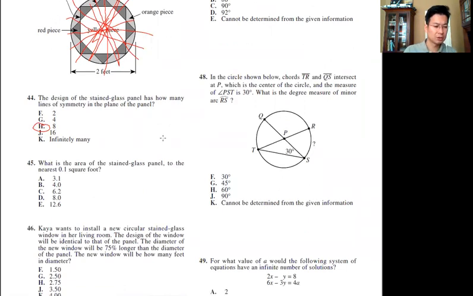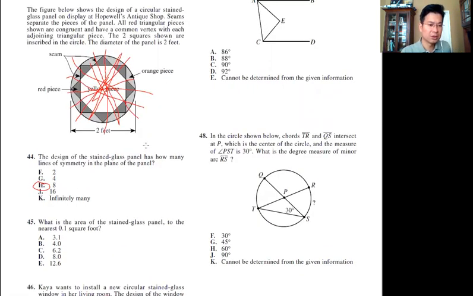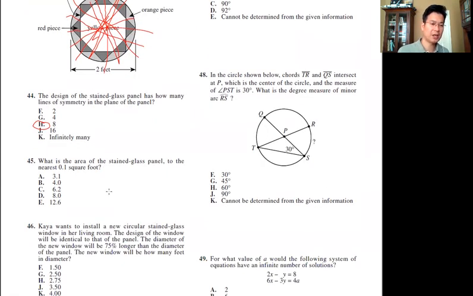And then, what is the area of the stained glass, nearest this one? So you can just take out the circle first. The circle is pi, because the radius is 1, so pi r squared.